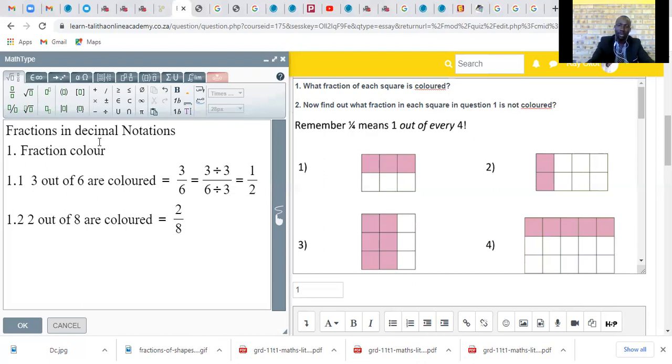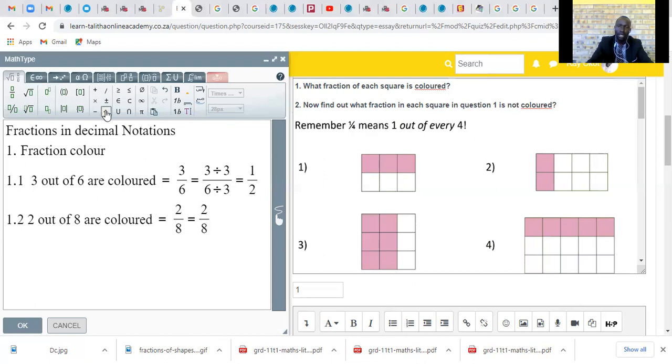Now notice that we can simplify 2 out of 8. It's always good to simplify before you leave and move to the next question. And so notice that the numerator, which is 2, can be divided by 2, and also the denominator 8 can be divided by 2.